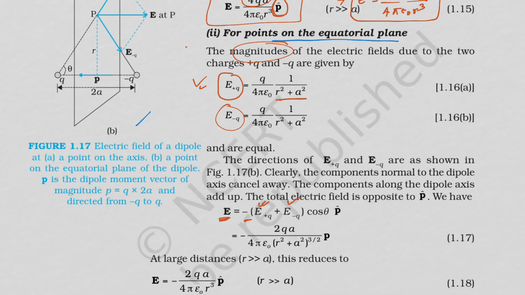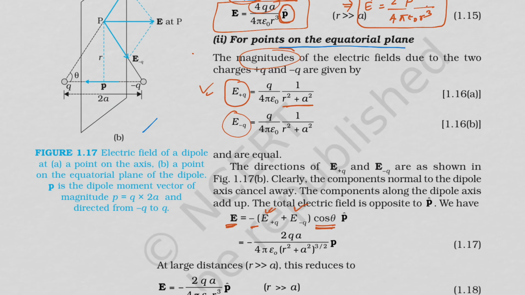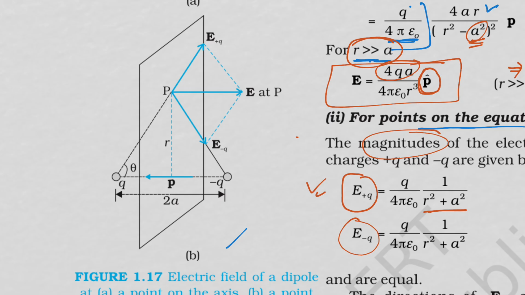And then to add these up, we use cos theta. So it is something like the electric field due to the positive charge when projected on the x-axis. This will become E plus Q cos theta, and this is our theta angle.